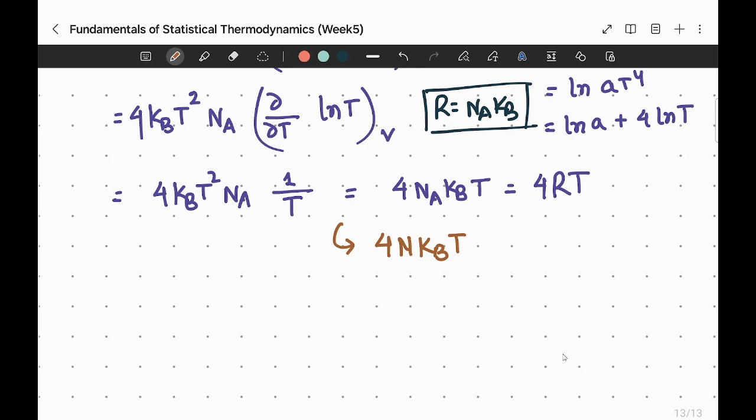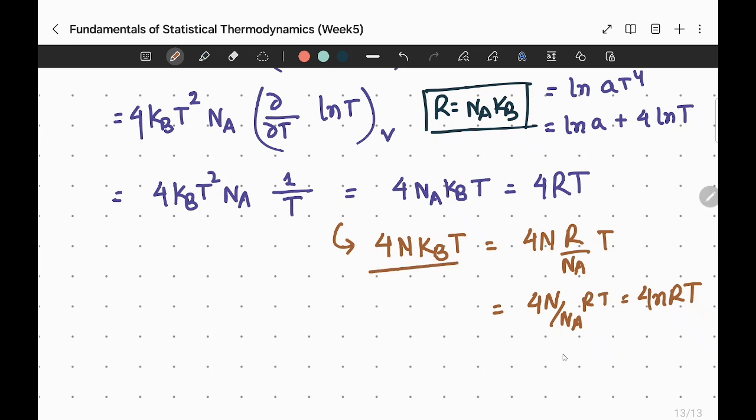It's easy. Just put R by N_A instead of k_B, and then you can write it for N by N_A RT. That means for small n RT, because capital N by N_A is the number of moles. So it's a correct answer, but it's better to write in this form.